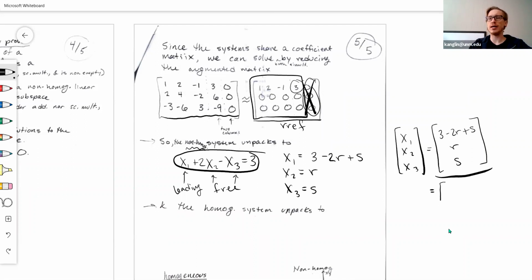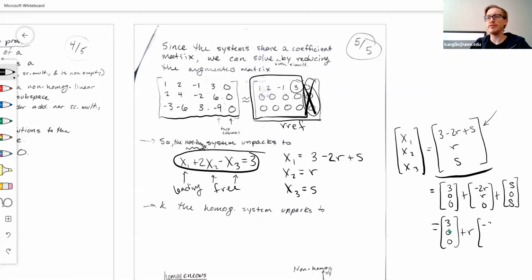So in other words, I want to write this as (3, 0, 0) plus (negative 2r, r, 0) plus (s, 0, s). You can check, add these back together, you'll get what we started with. This is perfectly legitimate. And now we can see we have this fixed vector (3, 0, 0) plus r times a fixed vector (negative 2, 1, 0) plus s times this last vector (1, 0, 1).